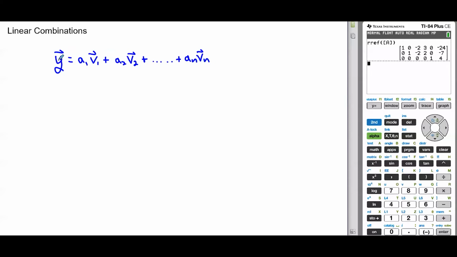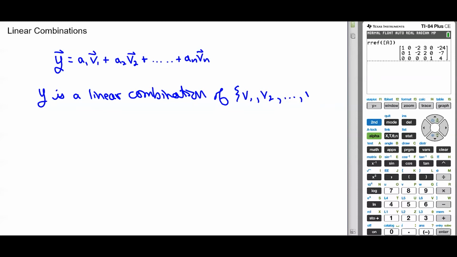So if the vector y can be written as a sum like this, then we say y is a linear combination of the vectors v1, v2, up to v sub n.